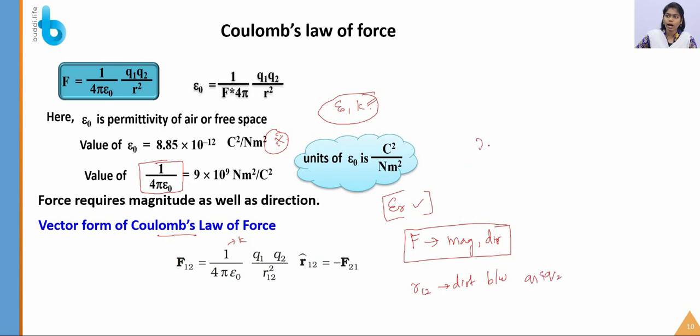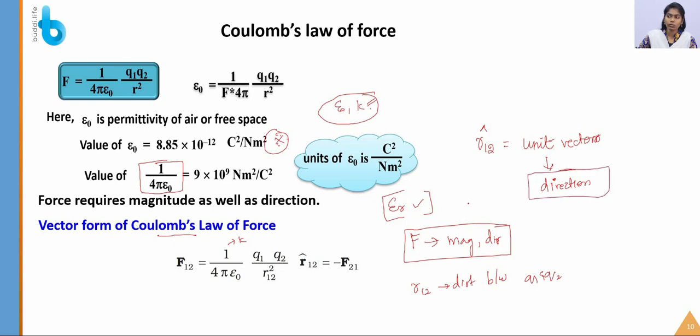And what about the R12 cap? Yes, it is a unit vector. The unit vector concept is already familiar because we read it in mathematics, right? A unit vector is only to indicate a direction. So which direction is the force moving?